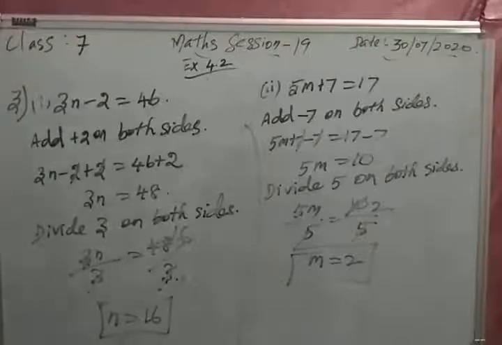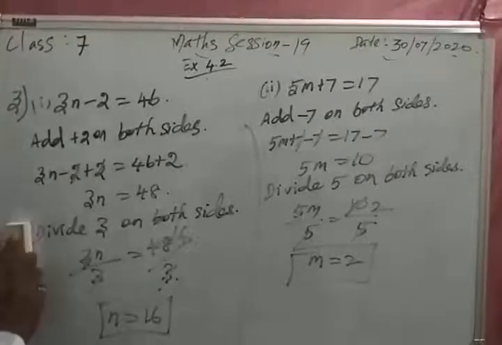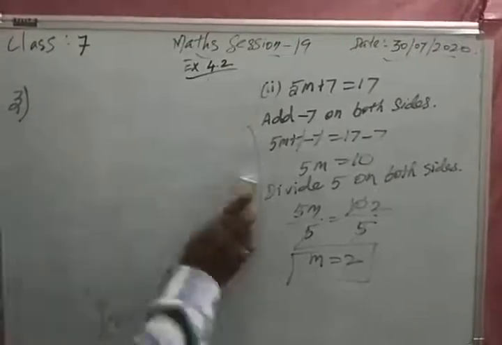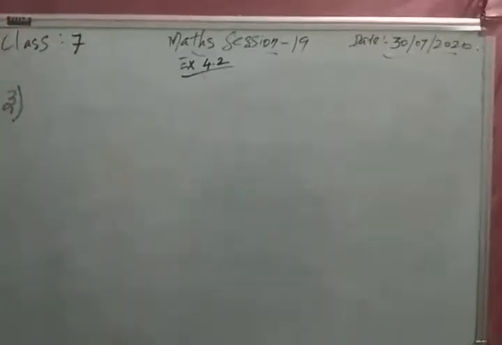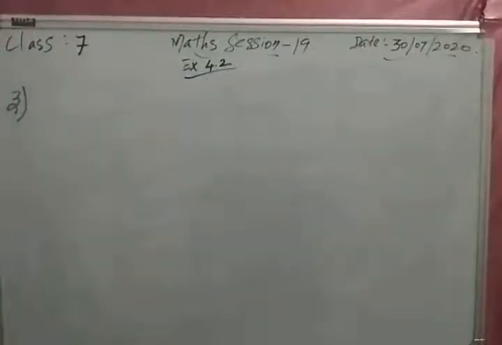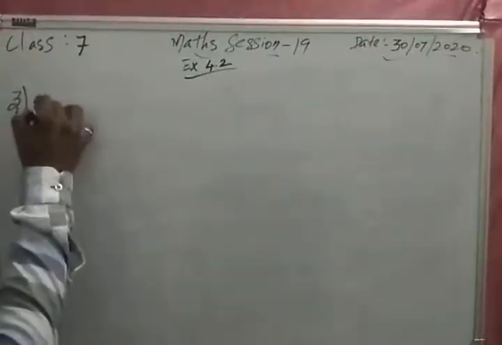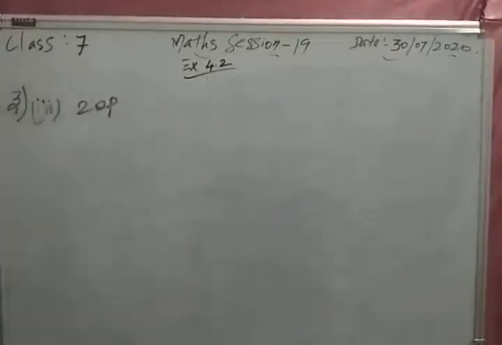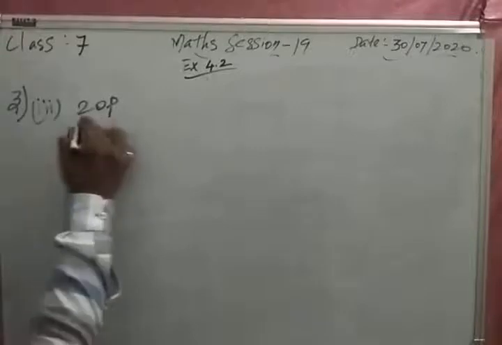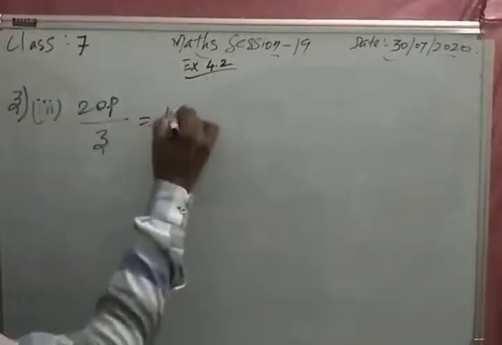The next, third one. They have given 20p divided by 3 is equal to 40.